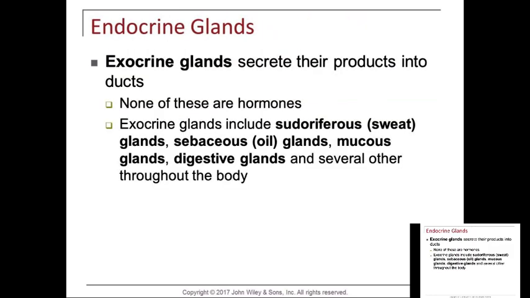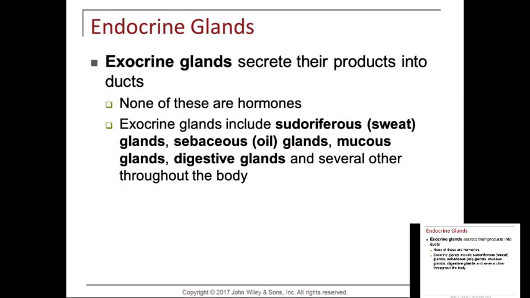The exocrine glands secrete their products into ducts. So for exocrine, it's not really going into the bloodstream, that would be endocrine. Exocrine is designed to release to the epithelial surface. That includes sweat glands, oil glands, and digestive glands.